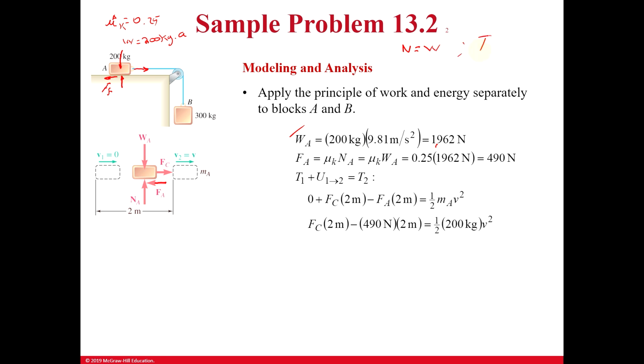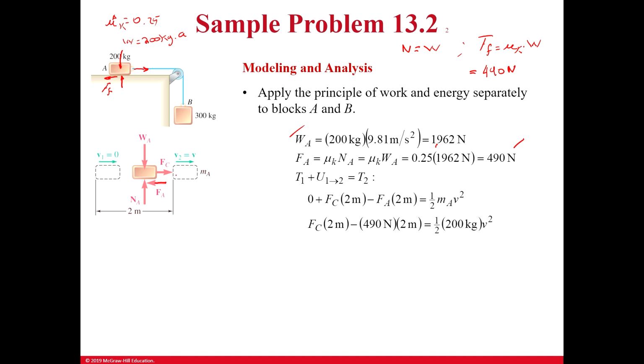Therefore, the force of friction is equal to the coefficient of friction times the weight. That is 490 newtons, basically 1962 times 0.25. So we have the two things we need from the force perspective.